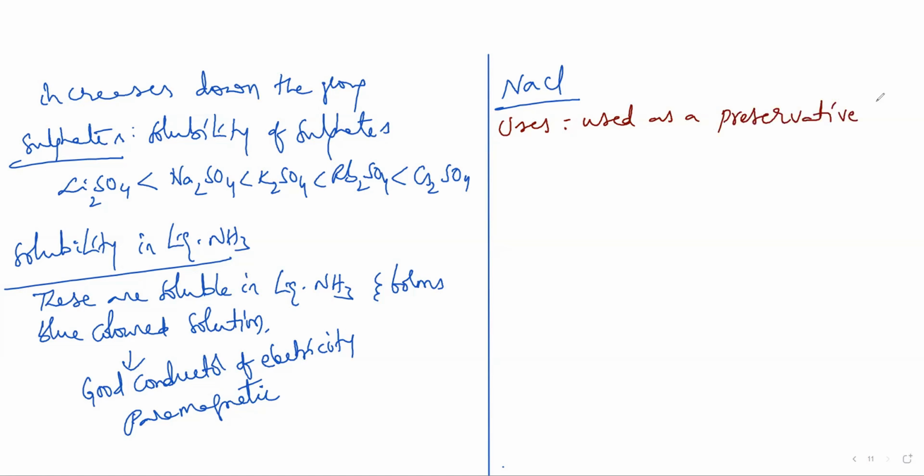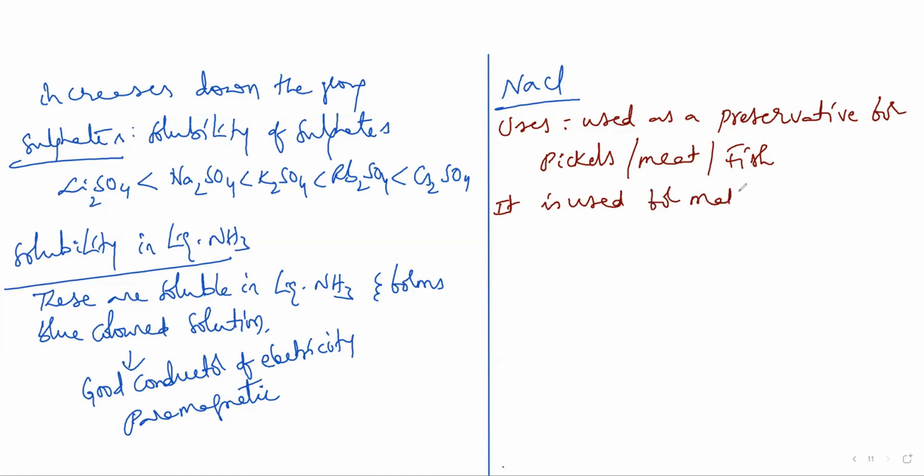What we can preserve? We can preserve pickles, meat, and fish. Next, it is used for making freezing mixture. Mixture with ice.